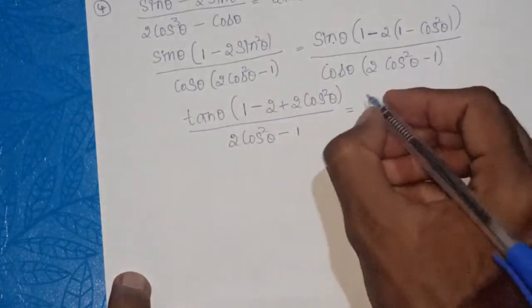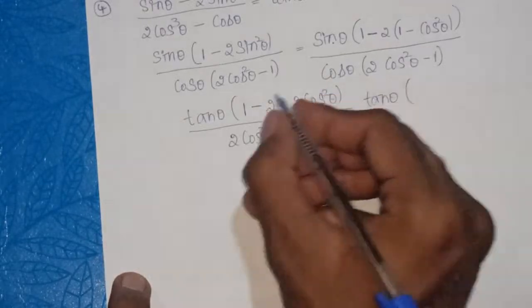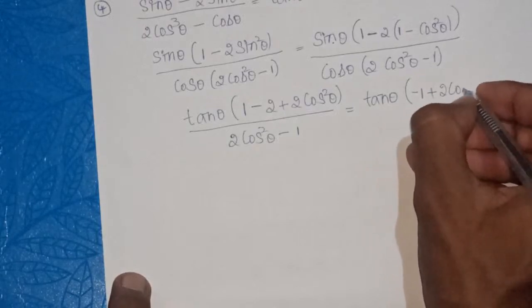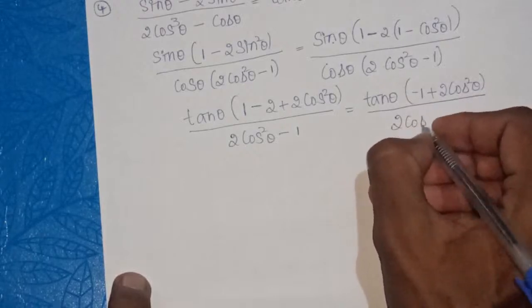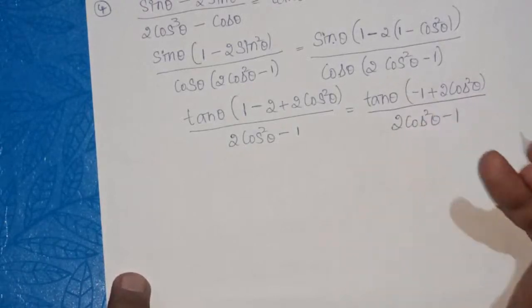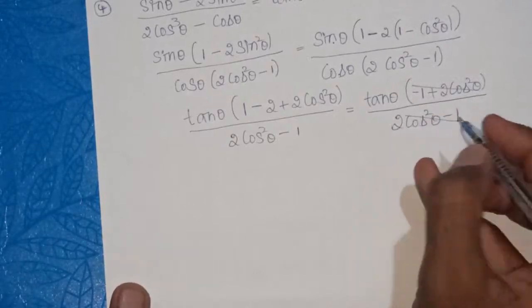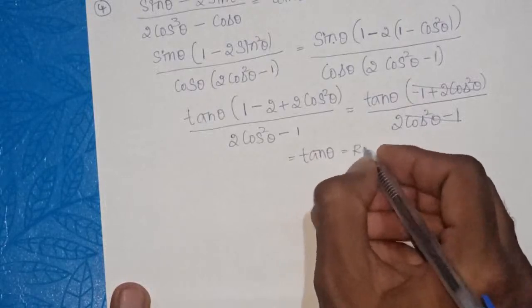This can be written as tan theta, 1 minus 2 will give you minus 1 plus 2 cos square theta divided by 2 cos square theta minus 1, and 2 cos square theta minus 1, 2 cos square theta minus 1 can be cancelled out. We will be left only with our tan theta, which is our RHS.